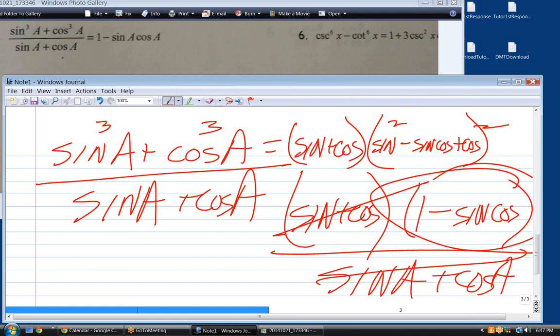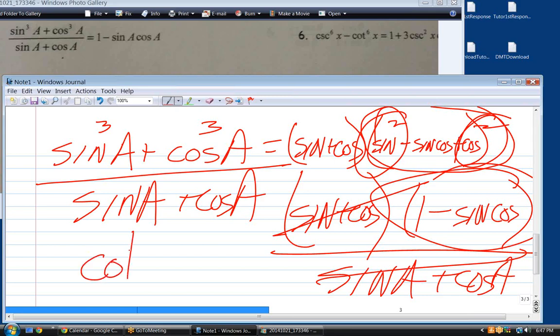And you're left with just the quadratic factor, this factor right here. And that factor turns into 1 minus sine cosine. Always look to be reducing terms. In other words, I have 2 terms here, and I can turn them into one number. Always do that.